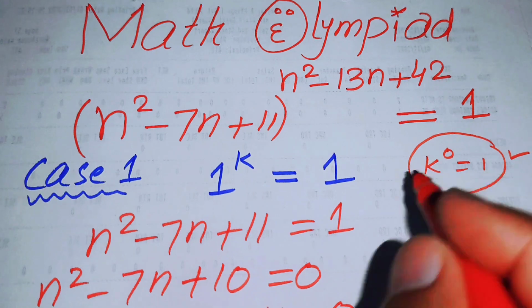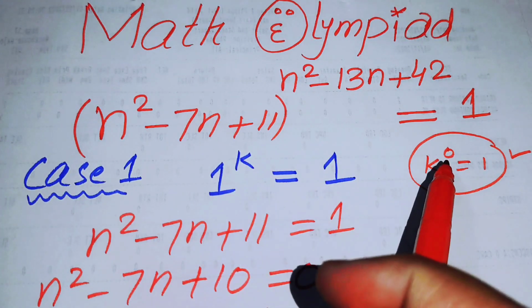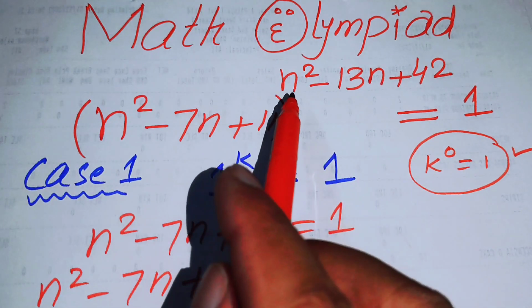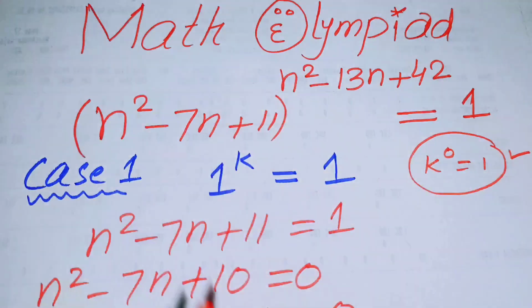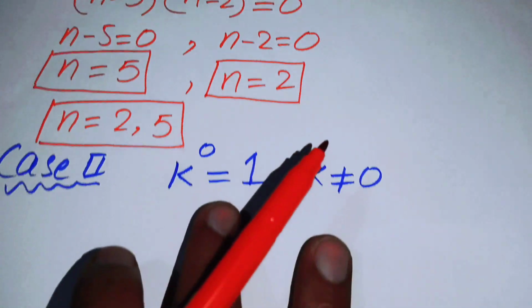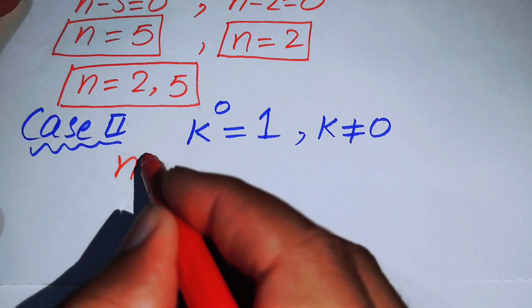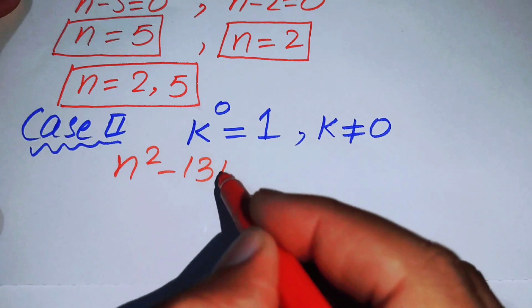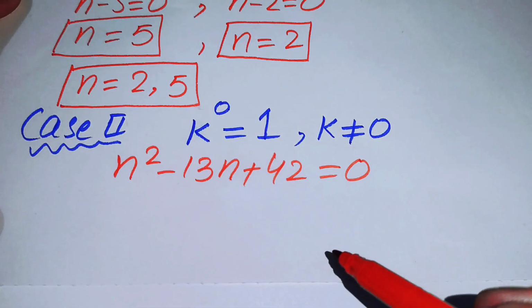Here you see that its exponent is 0 and the exponent in our question is n squared minus 13n plus 42. So we equate the exponents of both, and you will get n squared minus 13n plus 42 is equal to 0.